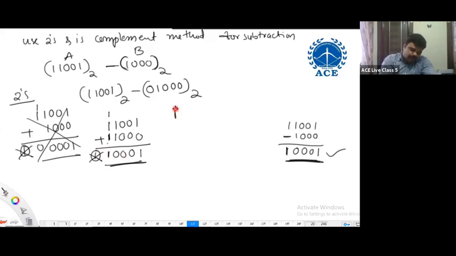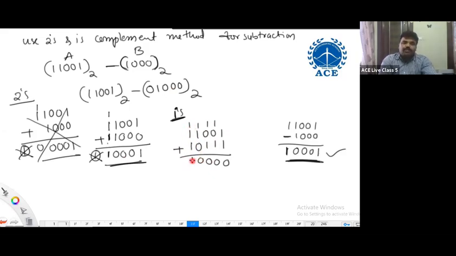Now the 1's complement method. A, 11001, plus 1's complement of B, 10111. Right? 1 plus 1 is 0, 1 is carry. 1 plus 1 is 0, 1 is carry. 1 plus 1 is 0, 1 is carry. 1 plus 1 is 0, 1 is carry. 1 plus 1 plus 1 is 3, it is 1, there is a final carry.